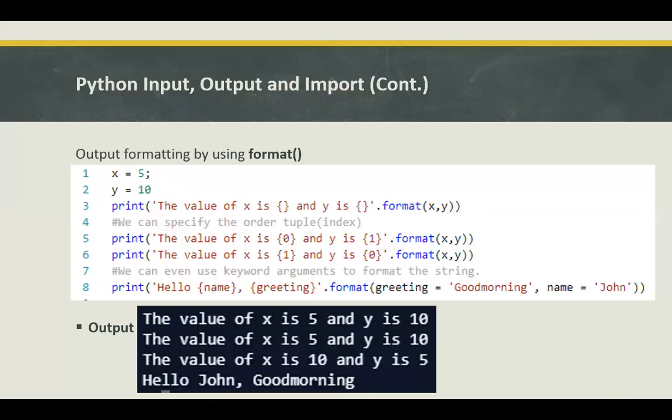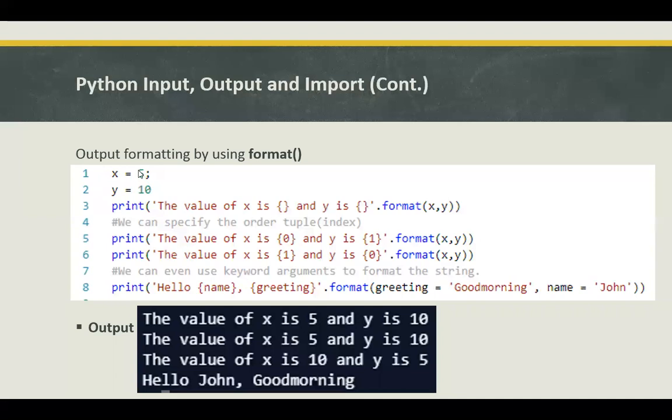Similarly, suppose you want to print your output in between a sentence, how can you take this value in between your sentence? To do this, we have to use format, to format your output.